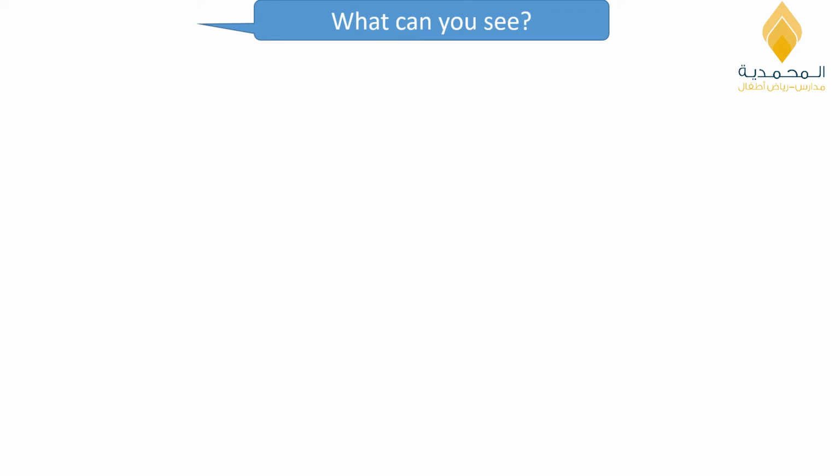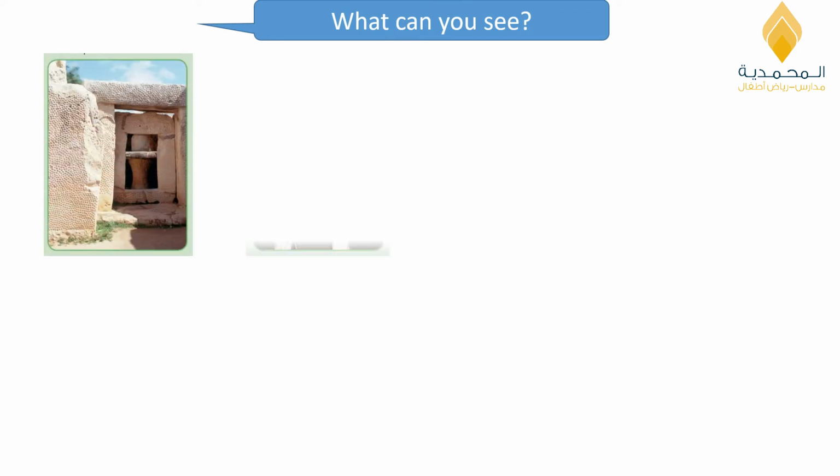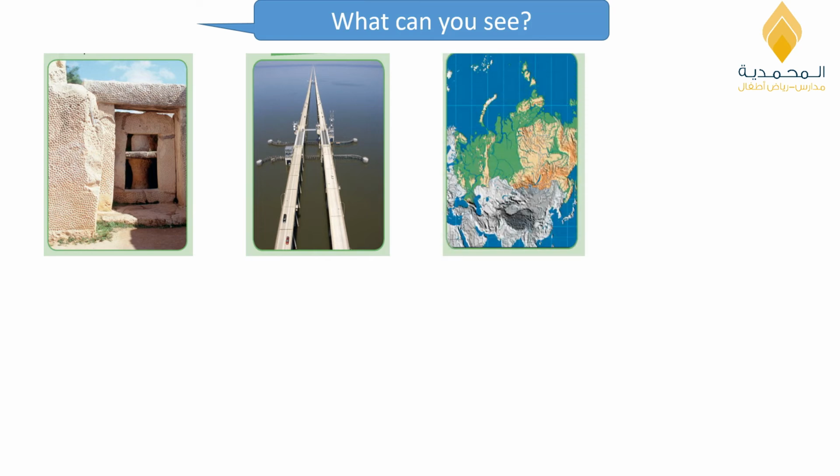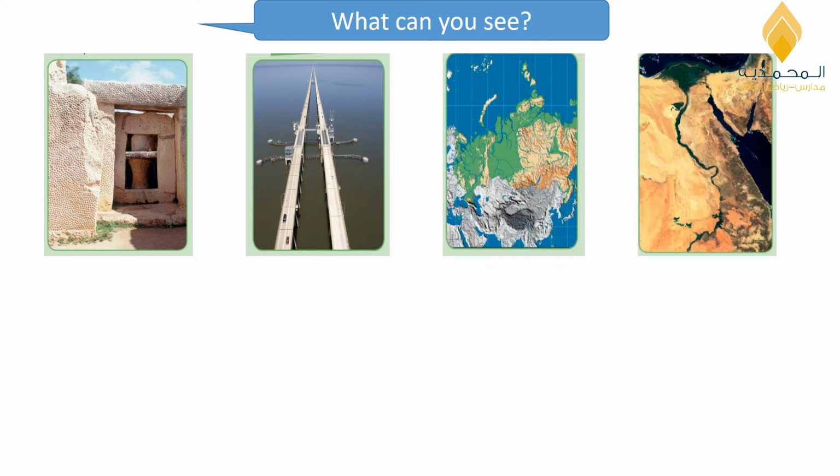Now, I will show you some pictures and you have to tell me what you can see. Okay, picture number 1. What can you see in picture number 1? Who can tell me? Excellent!